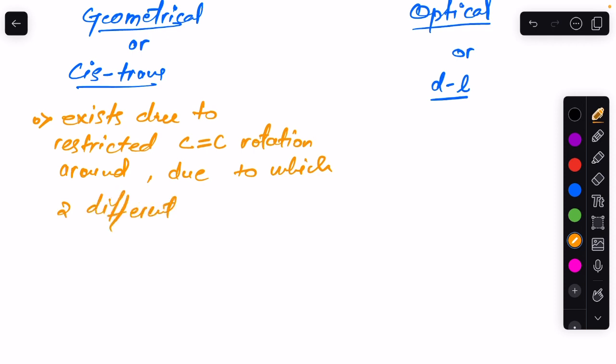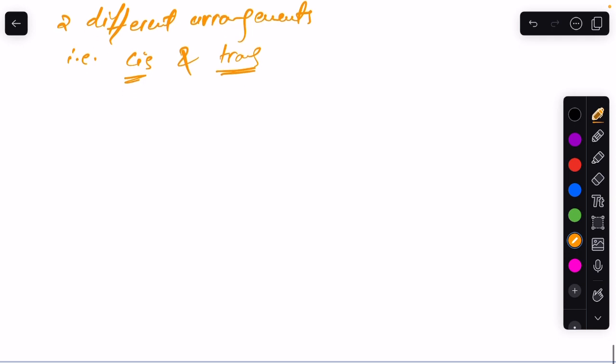Two different arrangements are cis and trans.